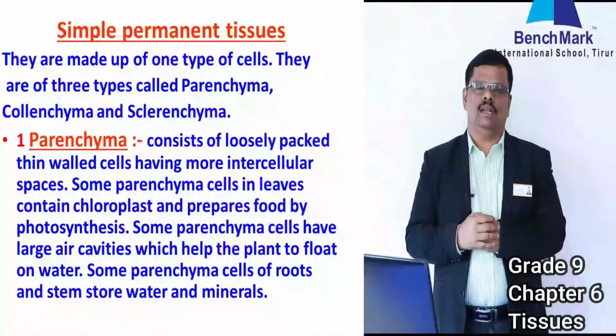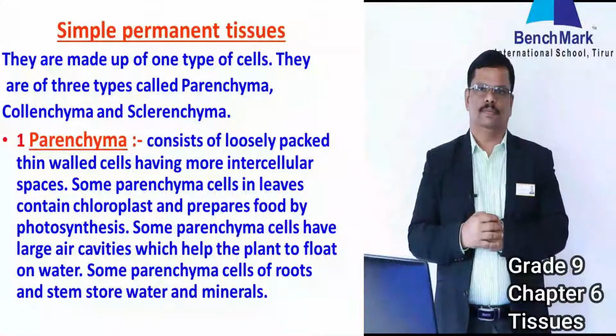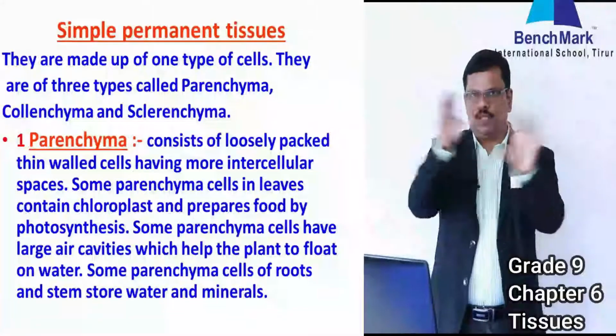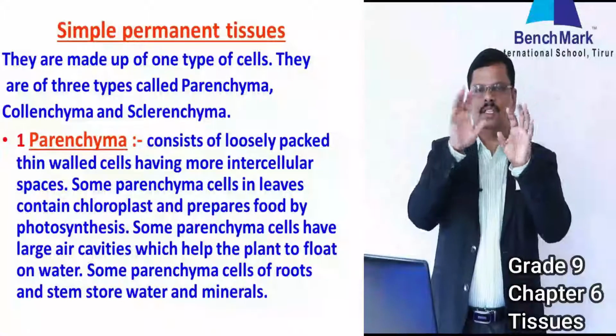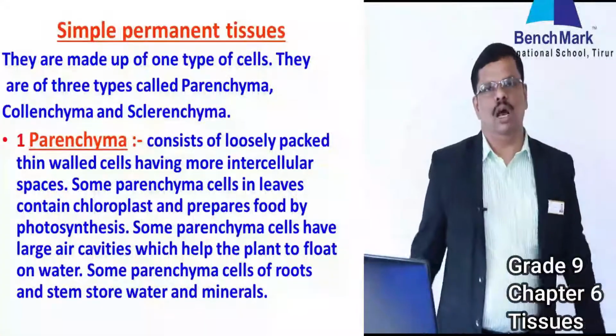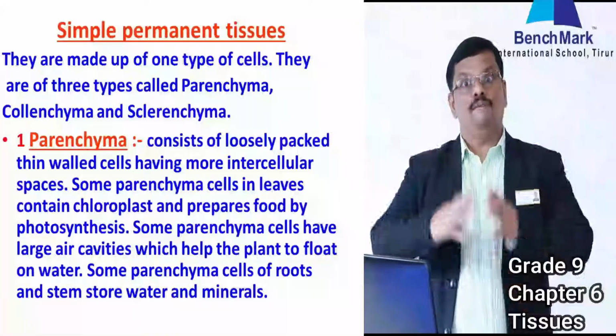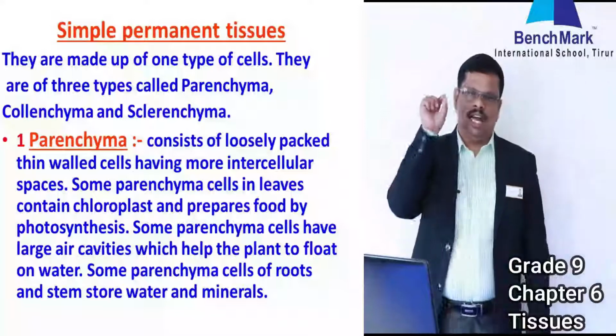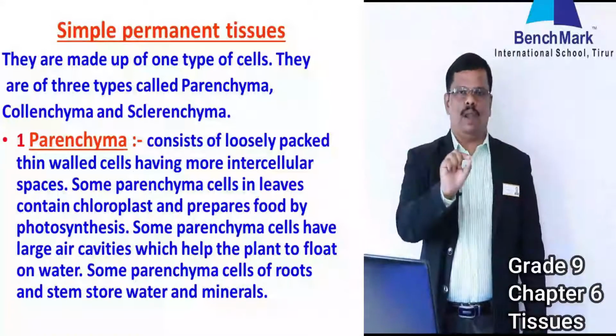What do you mean by intercellular spaces? First cell, second cell, in between the space, this space is called intercellular spaces. They have more intercellular spaces, and they contain chloroplast.